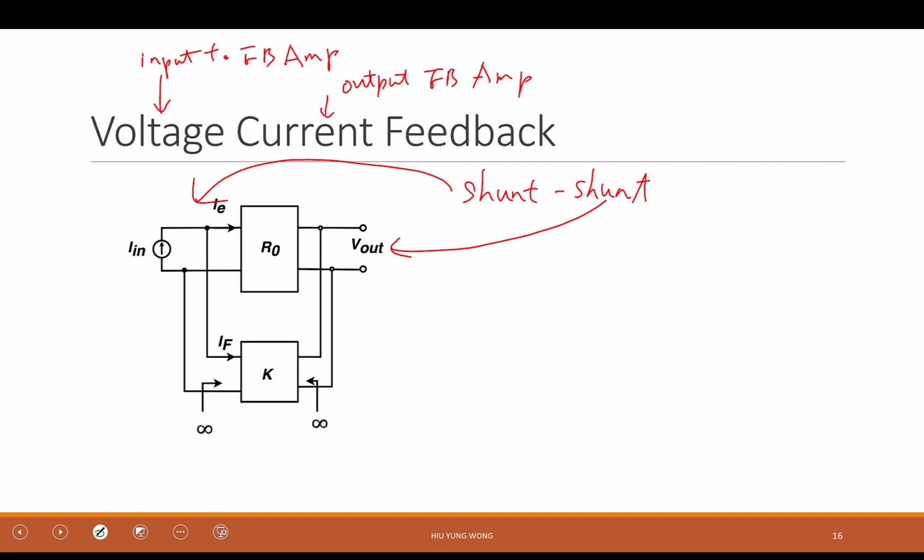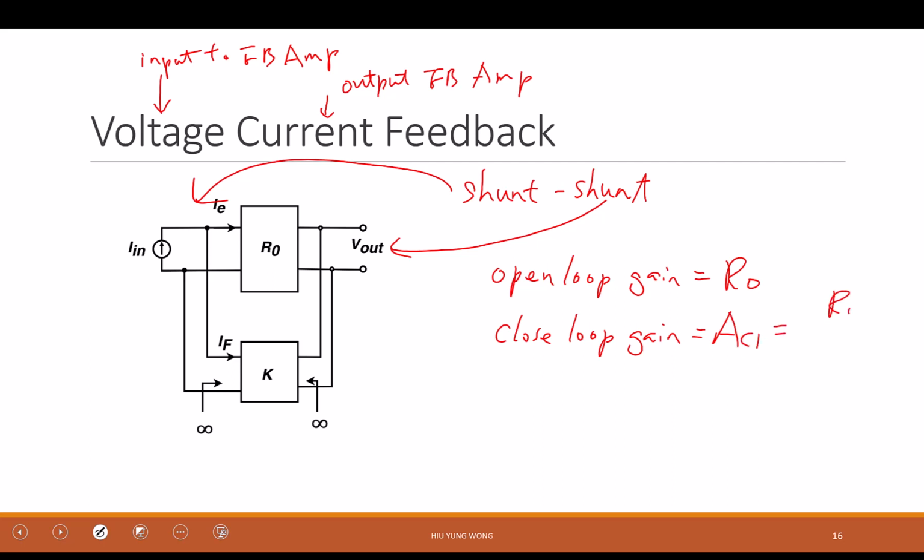So what is the open loop gain? RO, thank you. How about the closed loop gain? RO over 1 plus KRO, thank you. Now, some of you were a little bit hesitant to answer.